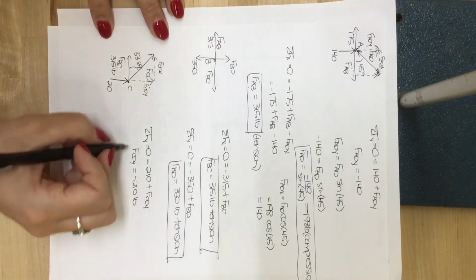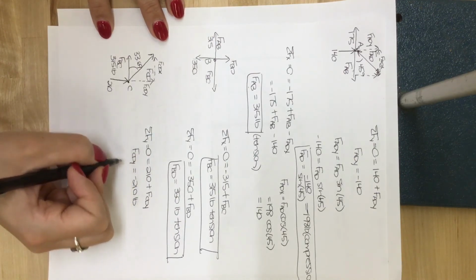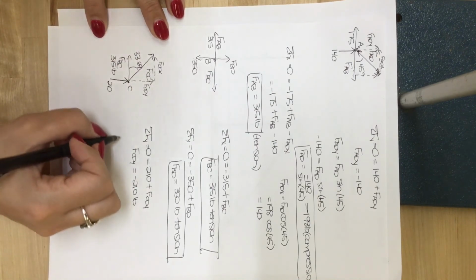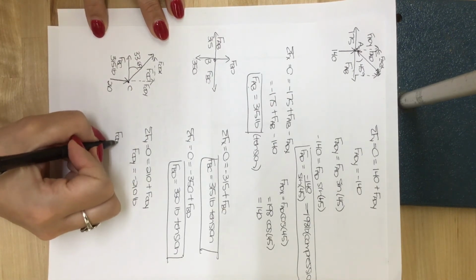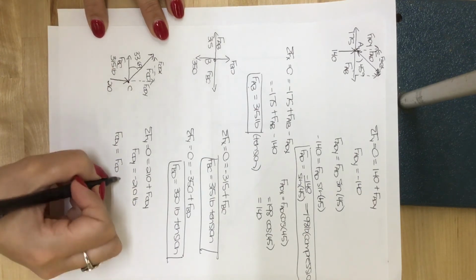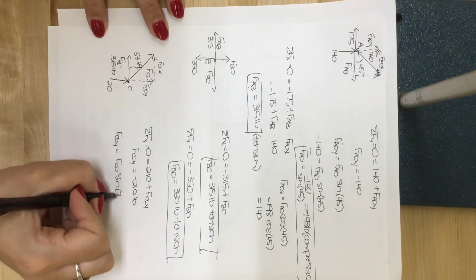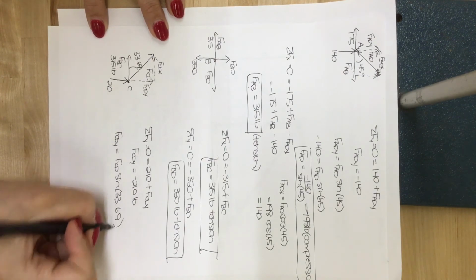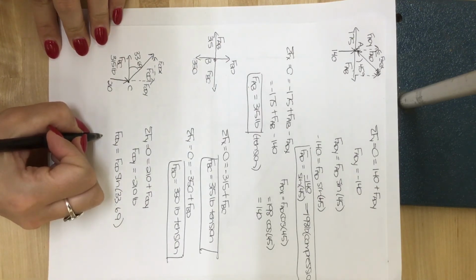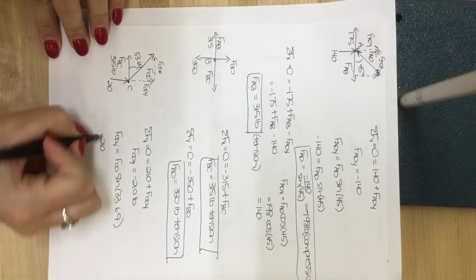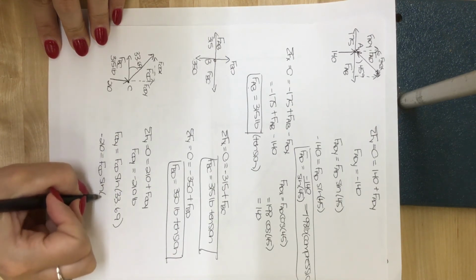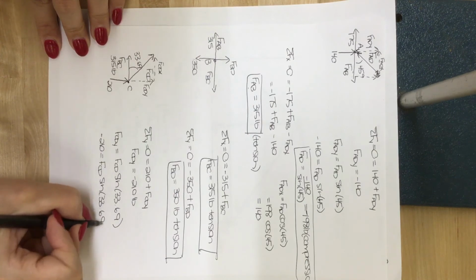So let's write an expression for FCDY. Again, this is where we're using our sine and cosine, but we need to be careful about which one we're using. So FCDY equals that magnitude of FCD, which is what we're trying to find, times the sine of 33.69. So if we plug that into our equation here, we have negative 210 pounds equals FCD times the sine of 33.69.